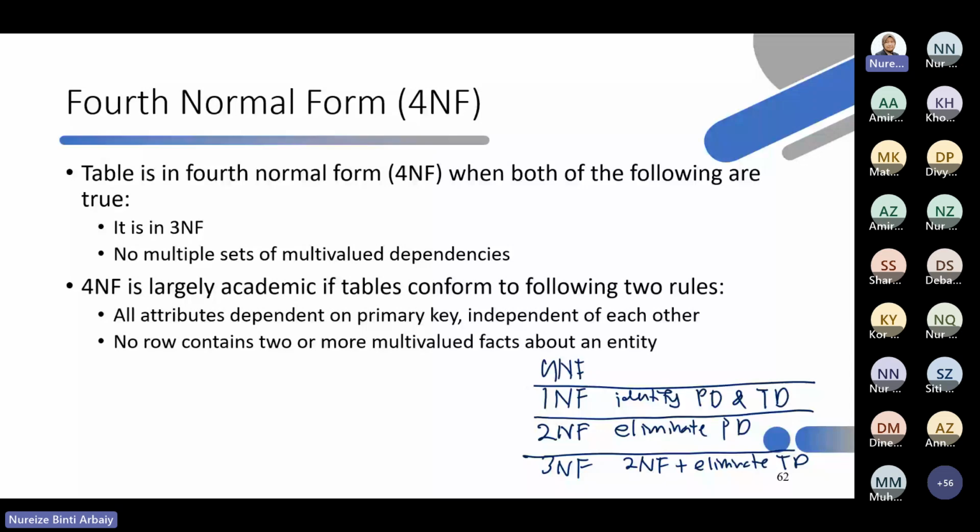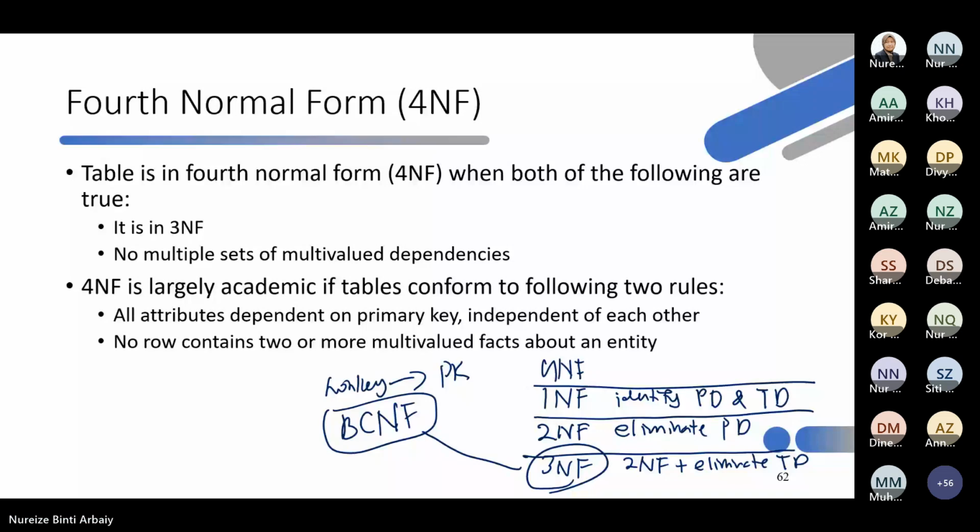And if you identify that there is a non-key identifying the primary key, then you are in the state of BCNF.